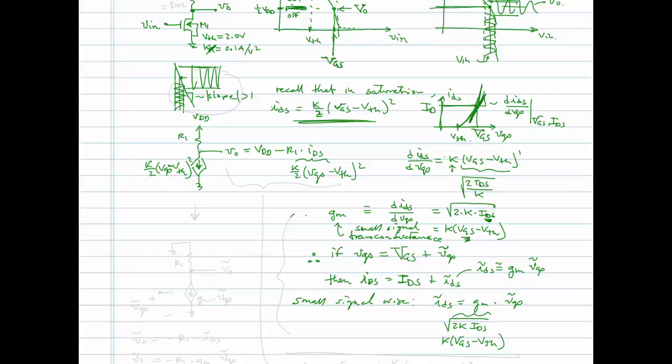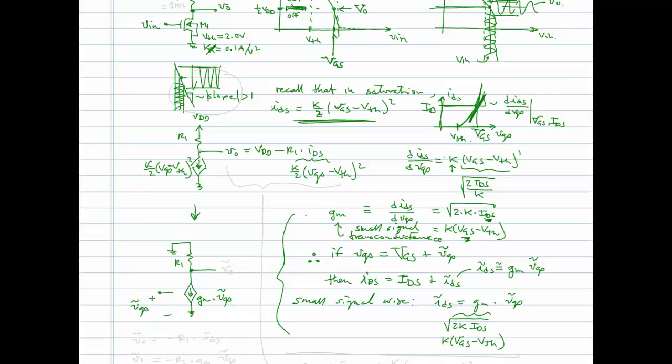Okay, so now we can use this and return to our circuit. We can redraw our circuit to use a linearized current source. We can say this is GM times VGS, little VGS. What I'm going to do now is remove all the DC signals, turn them off, and leave only the small AC signals.